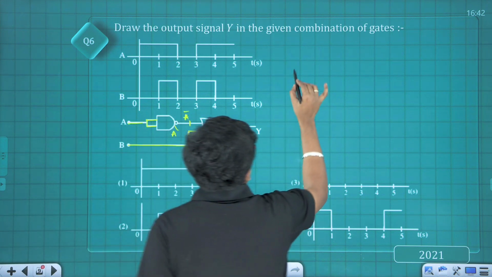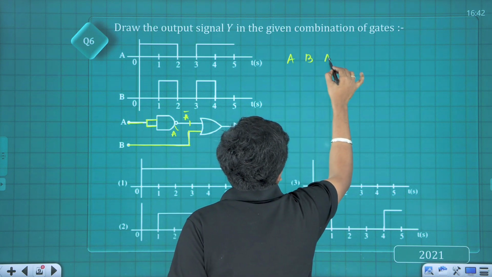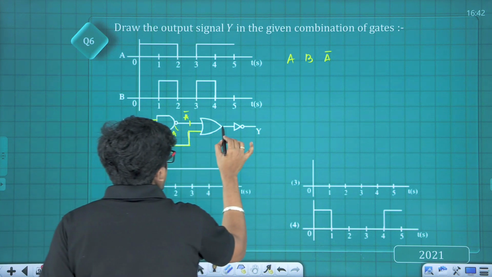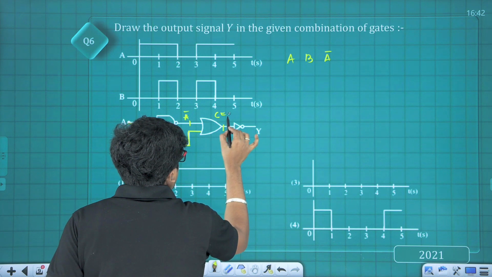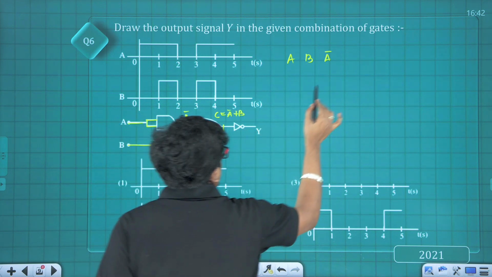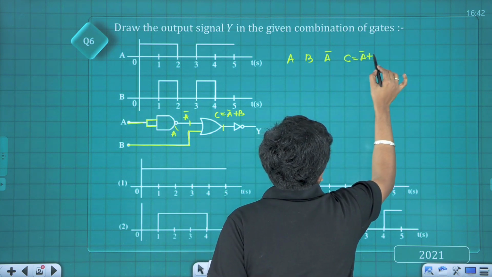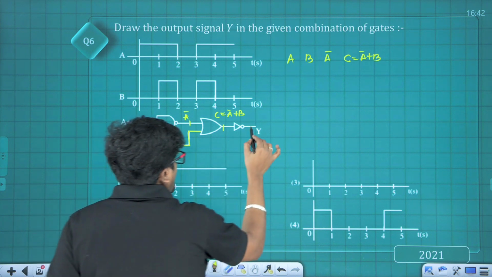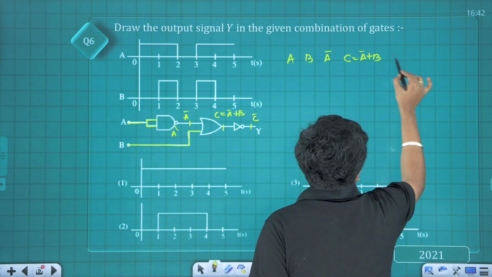So creating the truth table, I need A, I need B, I need A bar, isn't it? And here I am going to have C, which is going to be A bar plus B. So I am going to have C, which is equal to A bar plus B, and finally I am going to have C bar here.